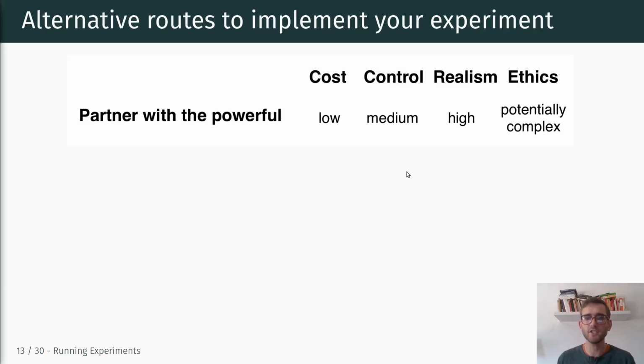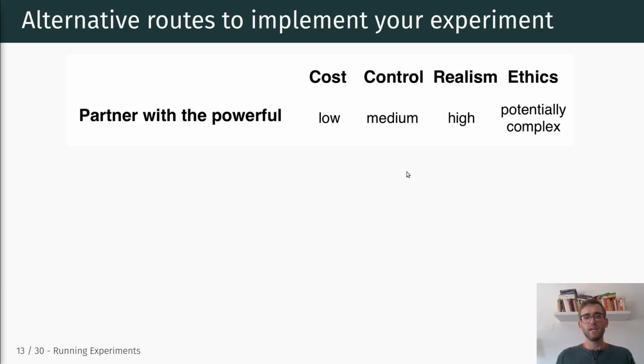The big advantage of a partnership with, for example, someone in the industry is that your costs are really low compared to other ways of implementing your experiment, because you can rely on the infrastructure and getting access to respondents through, for example, social media platforms and things like that.